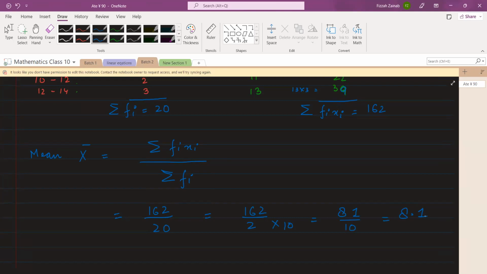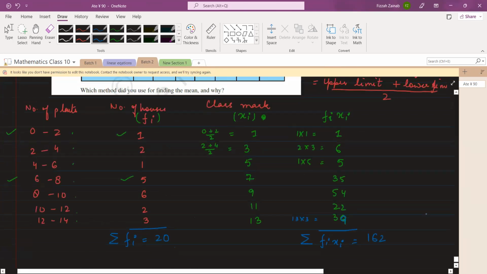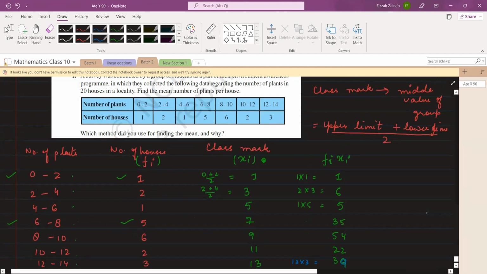Ma'am, so class mark could be lower limit plus upper limit, right? Yes, divided by 2. Okay, ma'am, thank you.